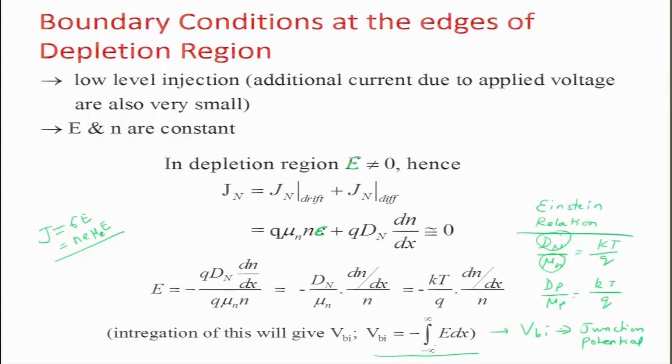In the previous case, you can integrate from minus infinity to plus infinity, or VBI can also be minus the integral from minus Wp to plus Wn of E dx, because the bands are flat beyond minus Wp and plus Wn, so it does not really matter whether you integrate from minus infinity to plus infinity or minus Wp to plus Wn.